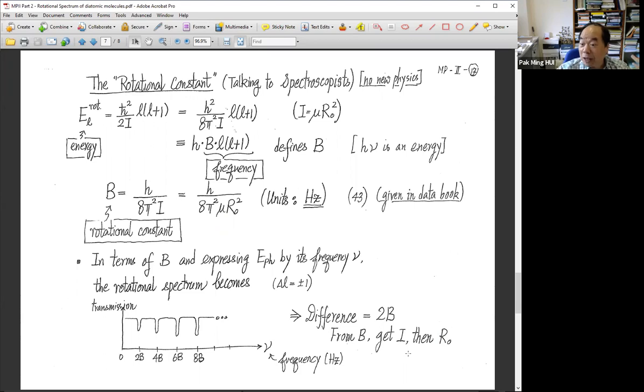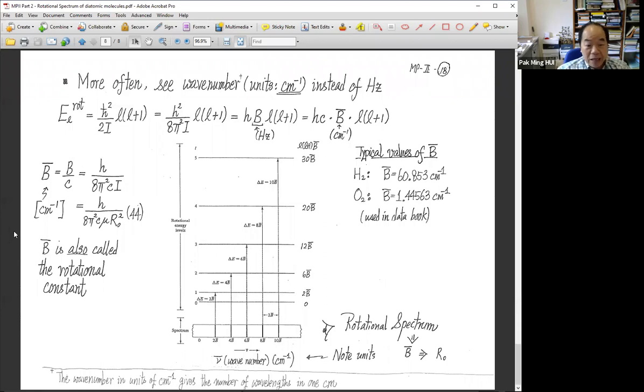Now, the next page is even worse. Even for the rotational constant, there are 2 definitions. So this is one. The other one is very often, you even see the rotational constant given in the wave number, centimeter inverse.